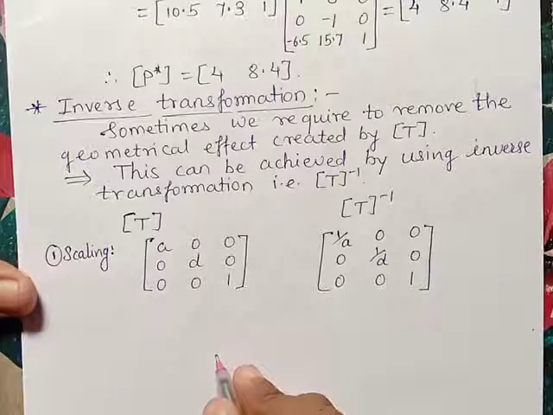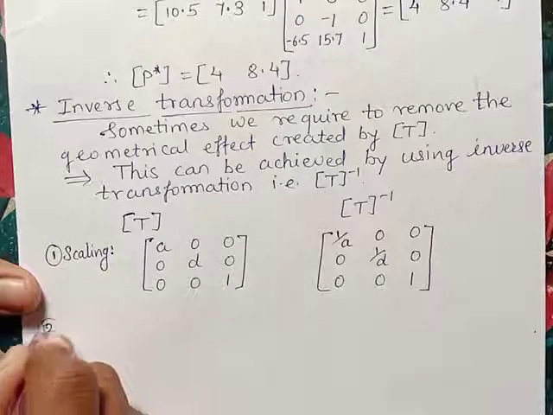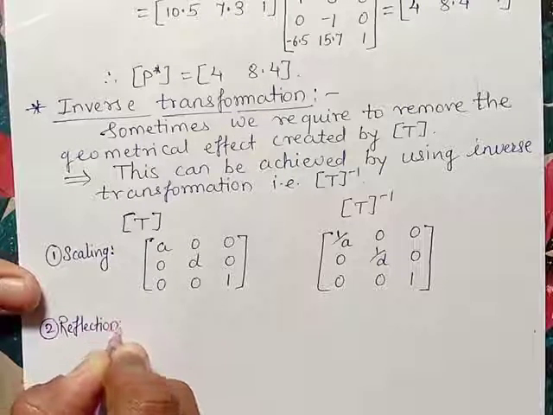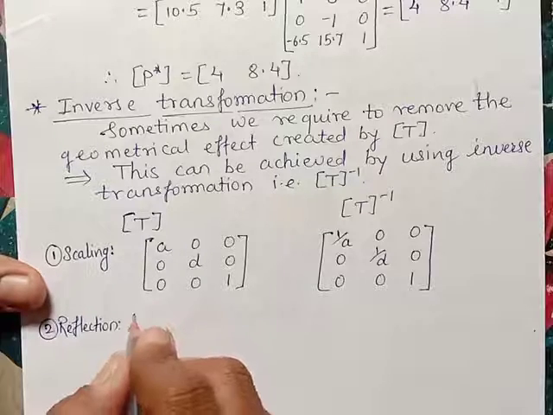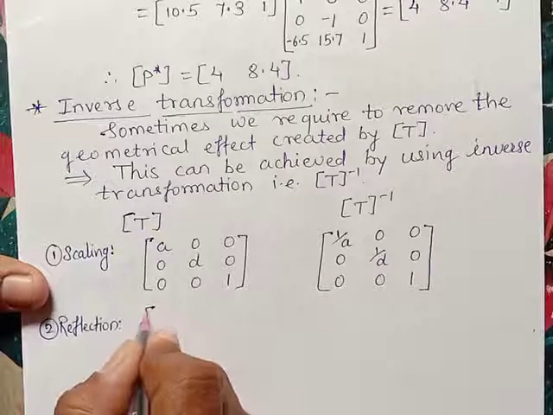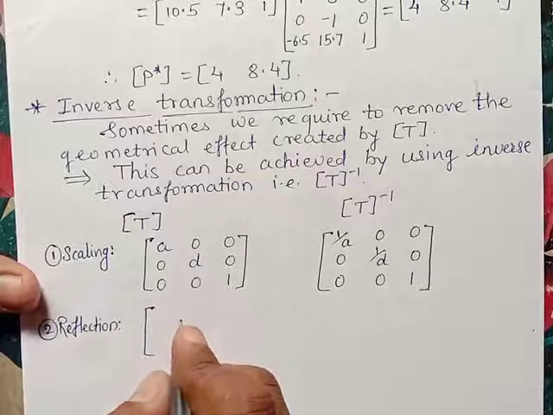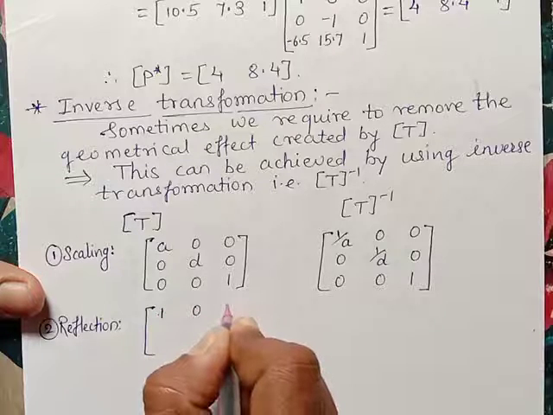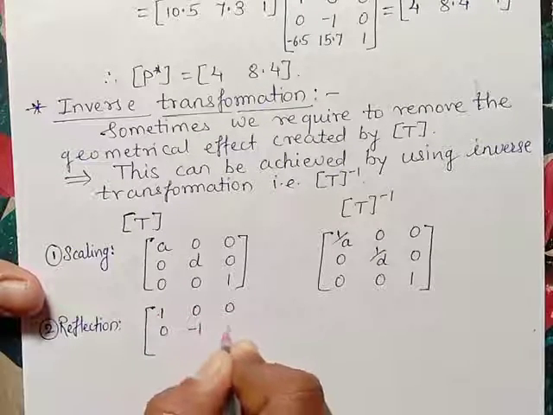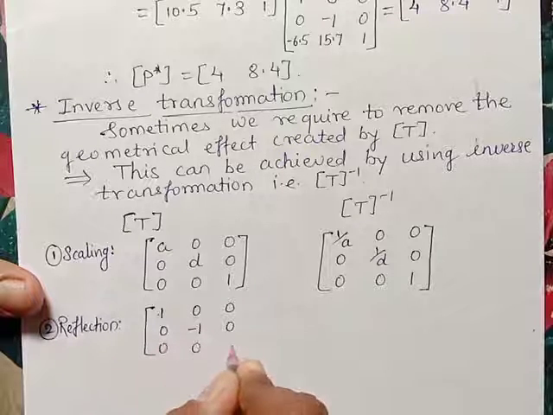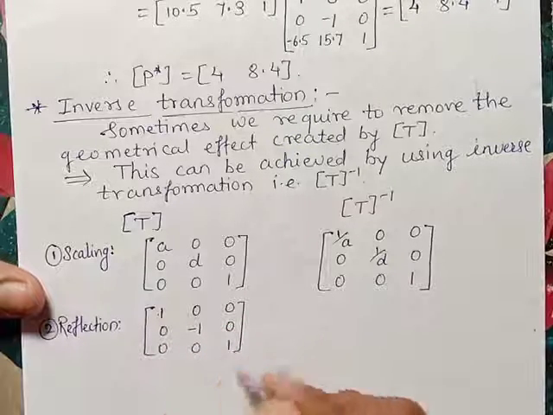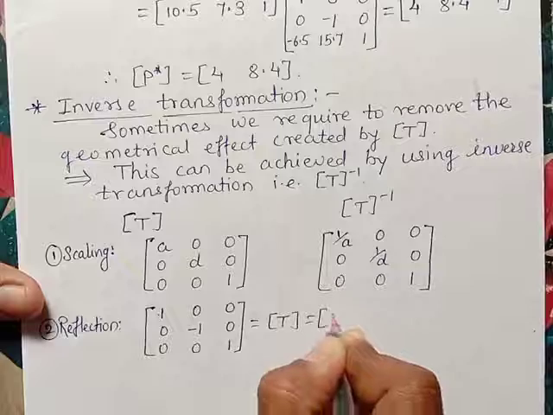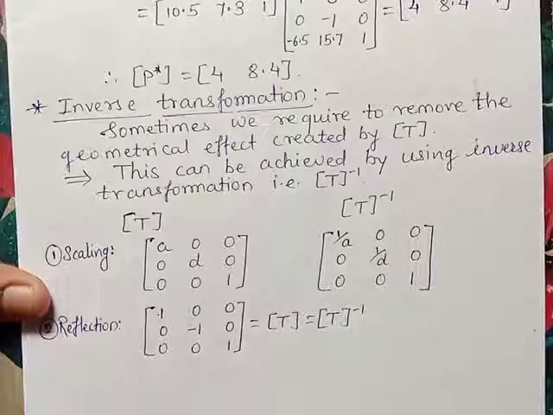This is T inverse for scaling. Then second, reflection. For reflection, T and T inverse are same. T will be what? 1 0 0 0 minus 1 0. If it is through x-axis, then it will be same for T inverse also. And if through y-axis, then that is again same.